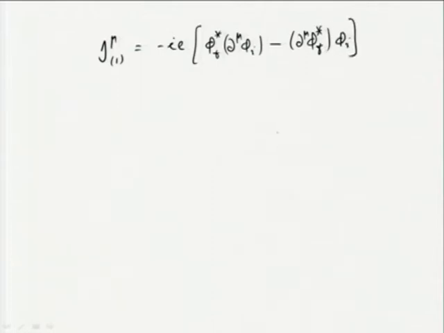So, this is the current due to a particle. Let us say this is the interaction point. So, before that is phi i. Let me associate a momentum to that particle as p A, and at the end, after the interaction, it is represented by phi f.